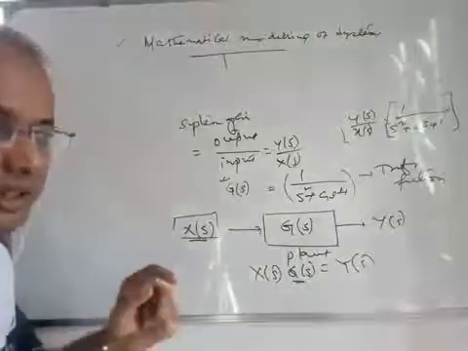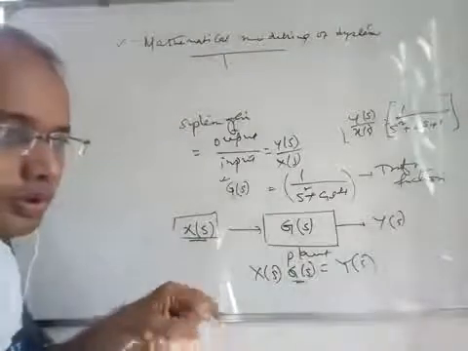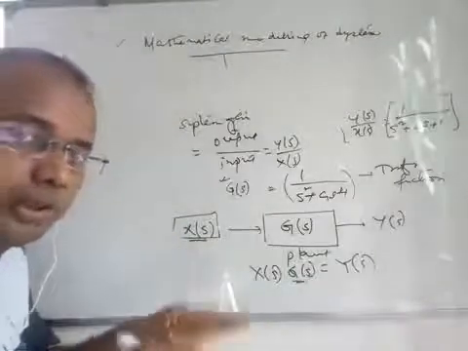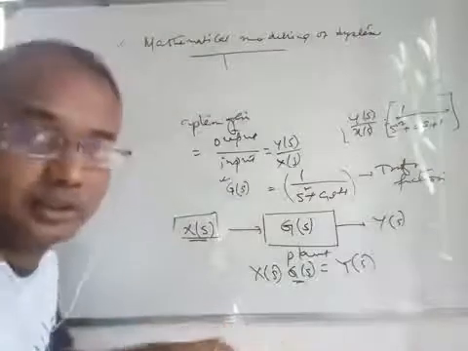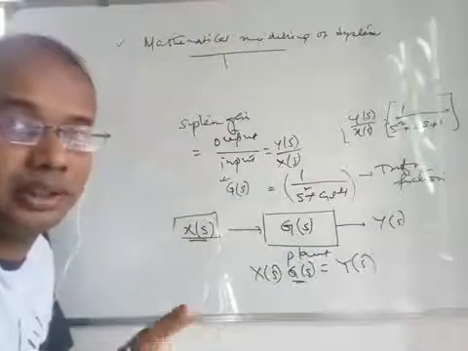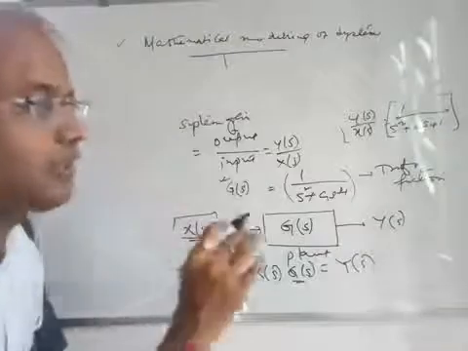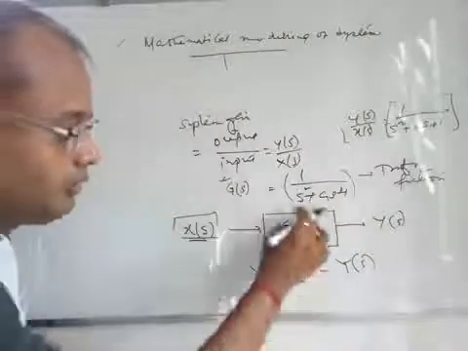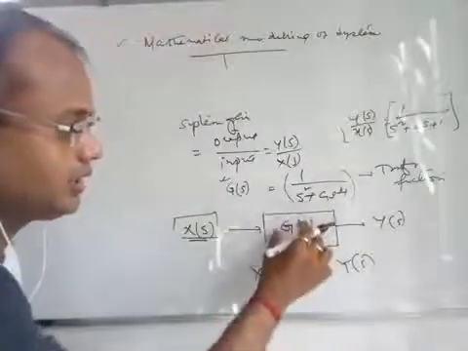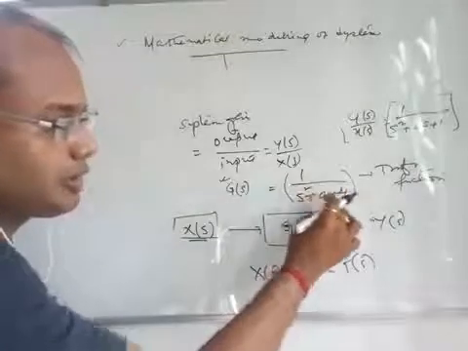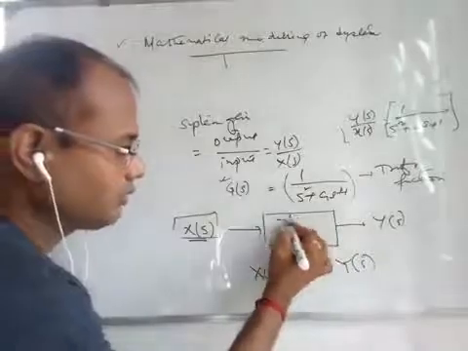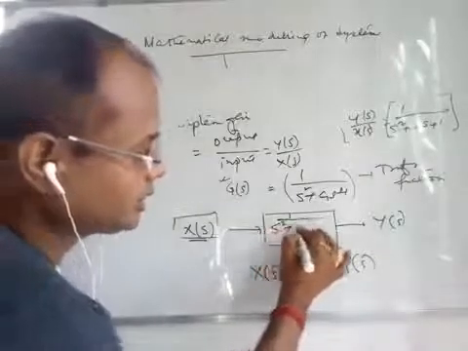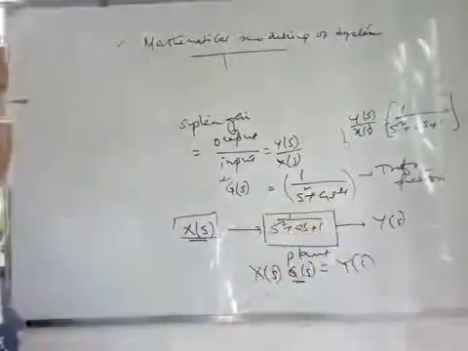Then the Laplace transform of the output variable divided by the Laplace transform of the input variable, when the initial conditions are 0, is known as the transfer function. That is nothing but the gain of the system. Instead of G(s), you can put 1 by s square plus s plus 1.